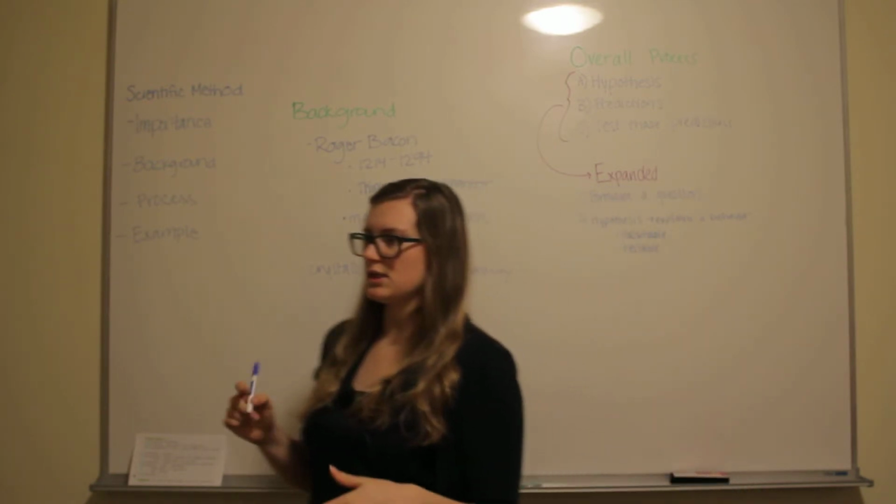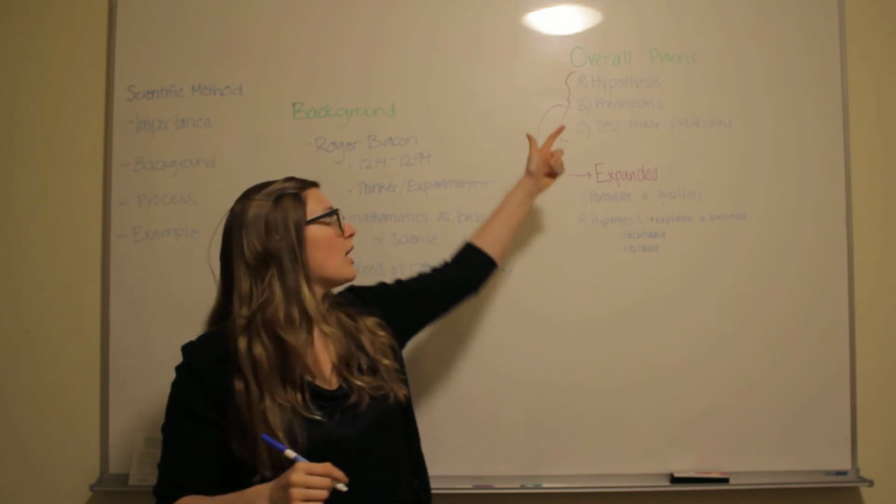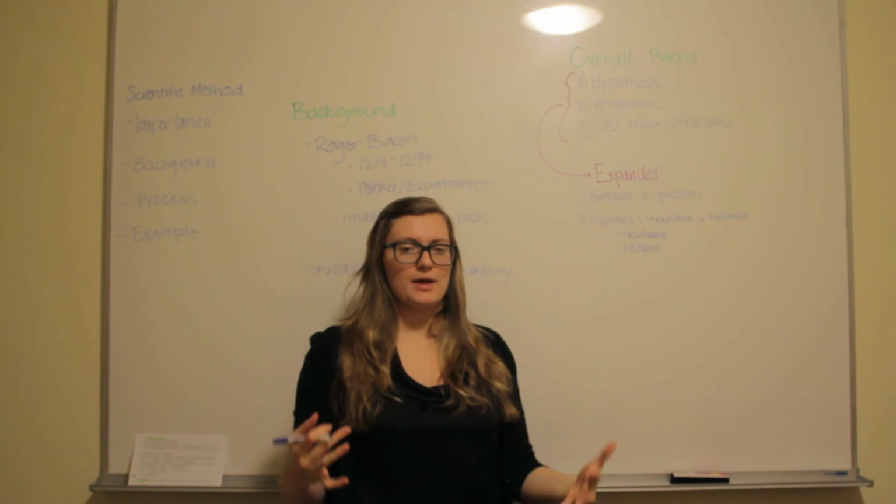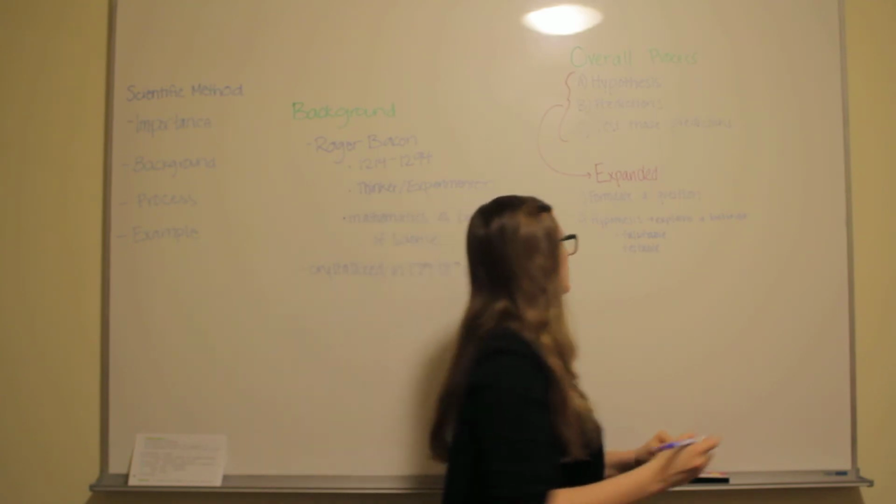After you create a hypothesis, you go to your prediction, which is letter B right up there. A prediction is what you think will happen when you're testing your hypothesis.